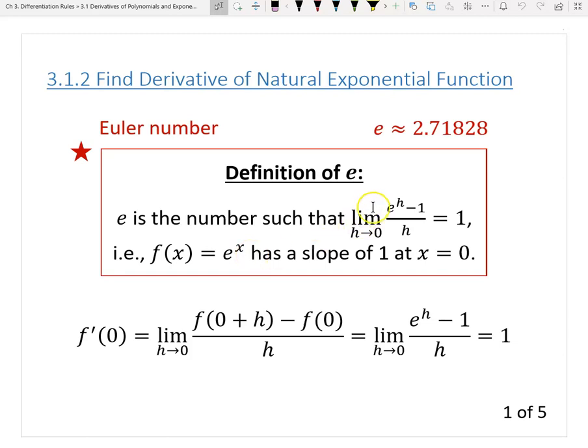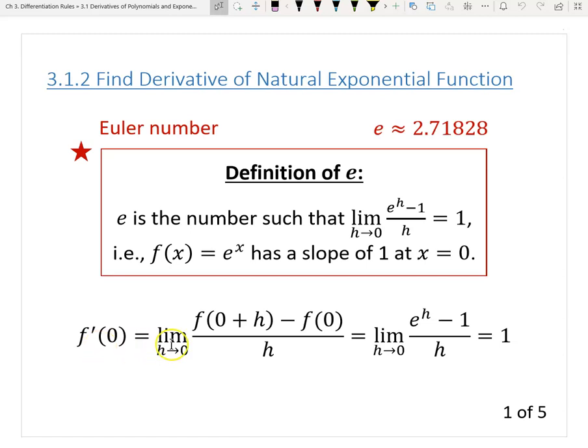So first, if we have the definition, can we see how the slope is 1? This limit exactly is the slope, the derivative of e^x at 0. Why? We are going to look at it. The slope is the derivative.